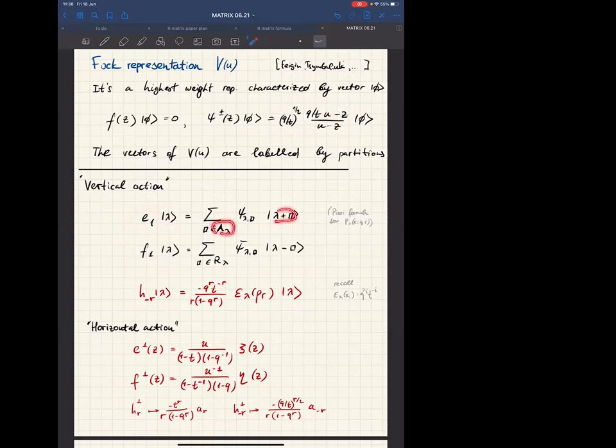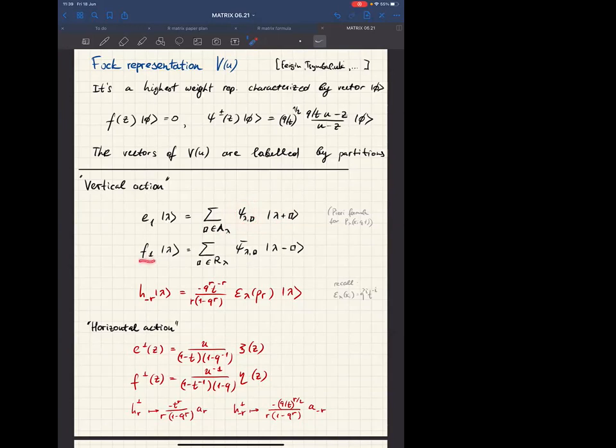So A lambda is the set of addable boxes to lambda, and we will have some coefficients over here which are factorized. I'm not writing them explicitly because it's a large formula, but if you're familiar with the Pieri formula for Macdonald polynomials, you will find that these coefficients are the same in this particular case.